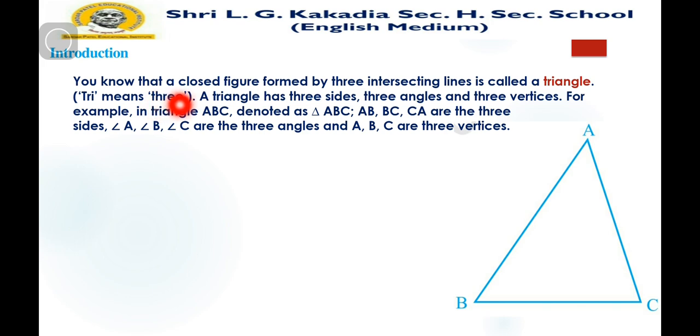Tri means three. A triangle has three sides, AB, BC, AC, three angles, angle ABC, BAC and ACB, and three vertices, here A, B and C. For example, we denote triangle ABC with the triangle sign, where AB, BC, CA are the three sides, angle A, angle B and angle C are the three angles, and A, B, C are the three vertices.